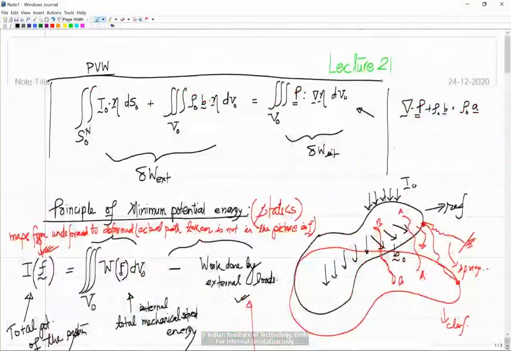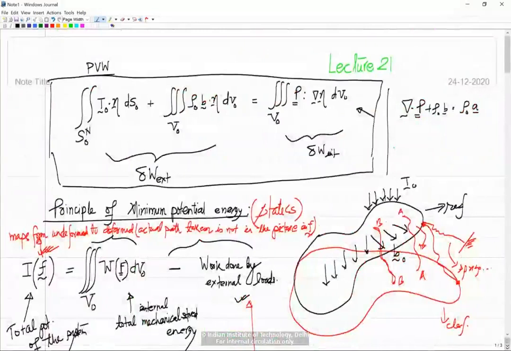This is also general. You recall there is no restriction that your body force or the surface traction T naught be conservative. You remember we said that it's virtual because we are just freezing the T naught and B naught, but in reality, it could change as the body is deforming. But because we are not allowing that change, therefore it's a virtual work.